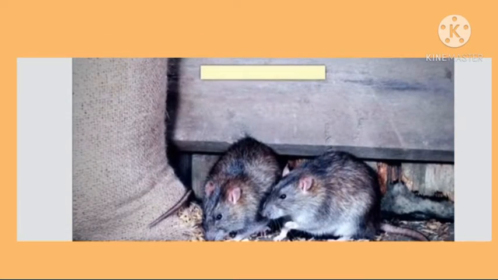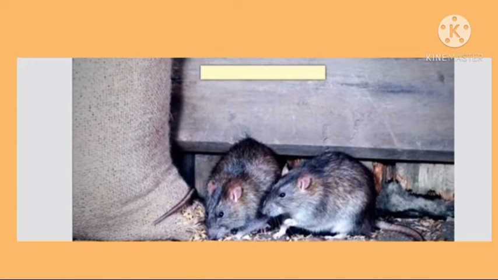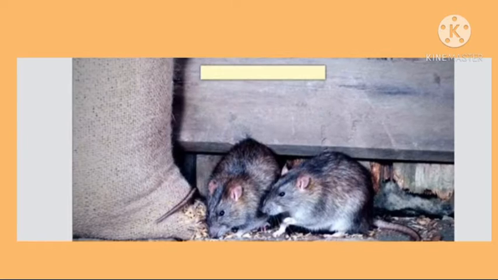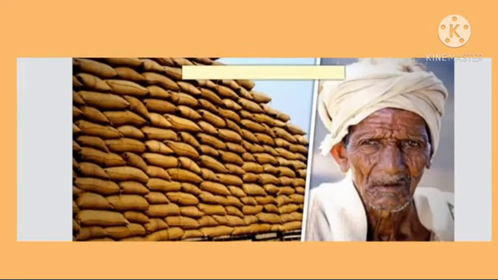The inefficient storage of food grains makes them vulnerable to destruction by nature or pest attacks. Most farmers do not receive a fair market price for their produce. This reduces their capacity to reinvest capital in their occupation.